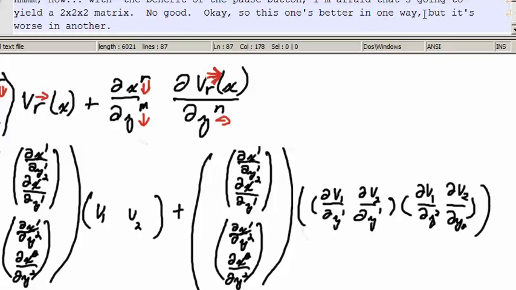Okay, so this one's better in one way, but it's worse in another.